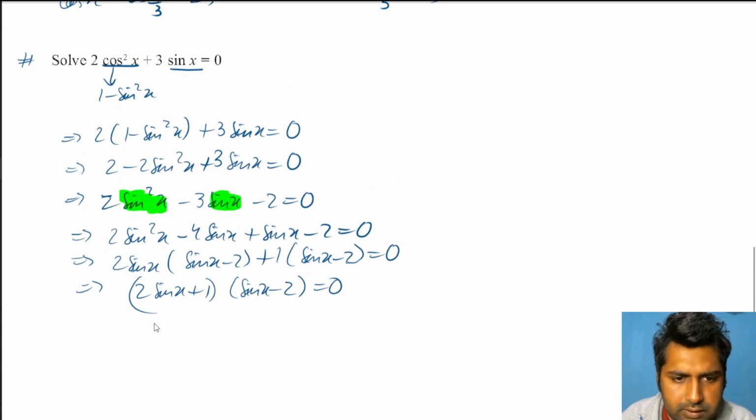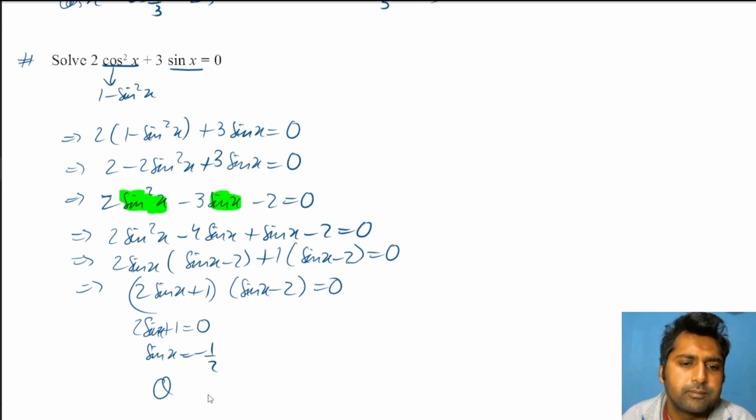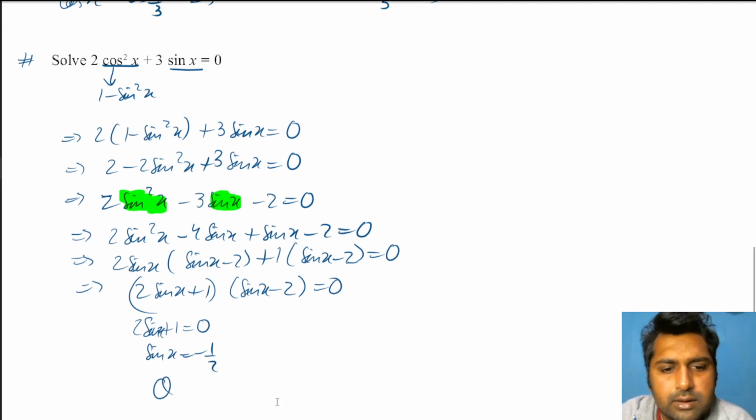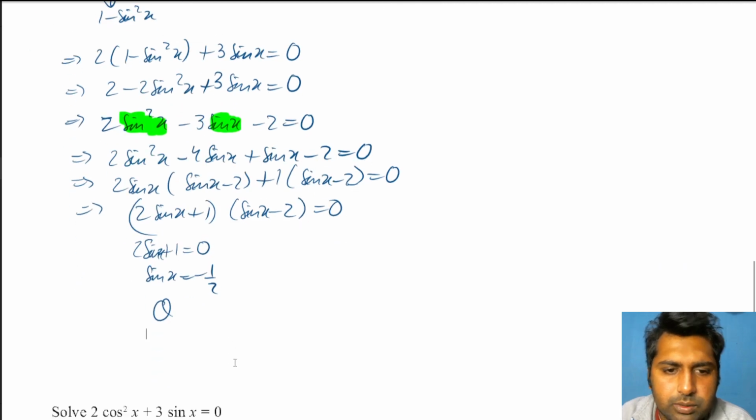Now in order to solve this, we solve each part separately. So 2 sine x plus 1 equal to 0. So I'll get sine x is equal to minus 1 by 2. Now first of all find theta for it. I'll not discuss it again because we have already solved it. Sine x is equal to minus 1 by 2, so theta is in third quadrant. So that is pi plus pi by 6, so 7 pi by 6 basically.